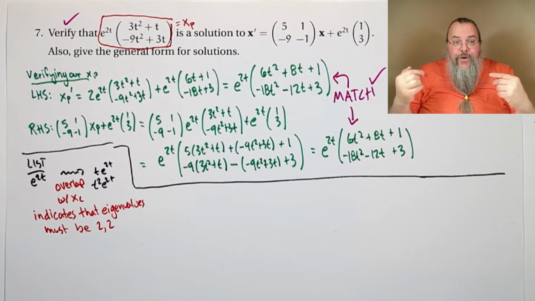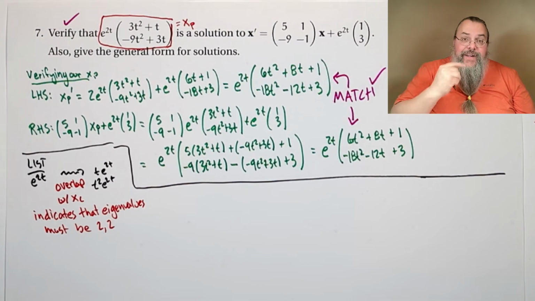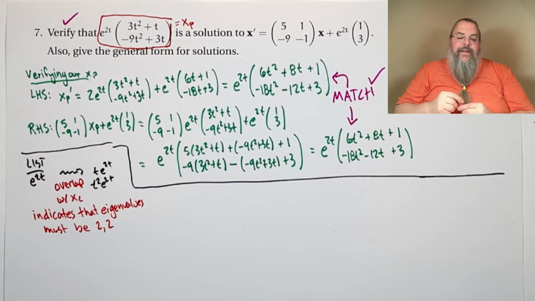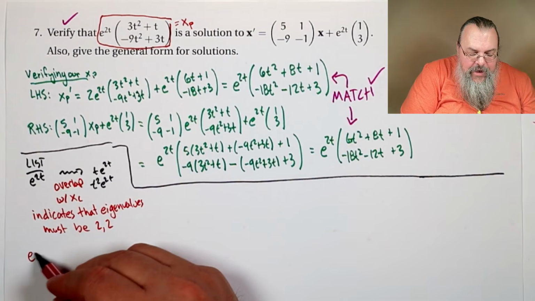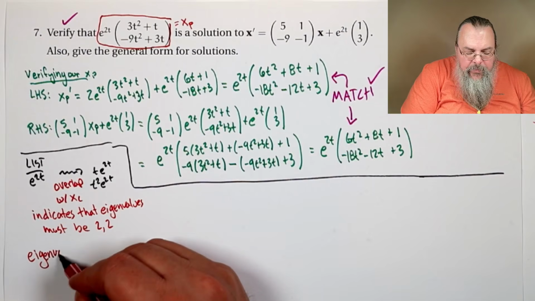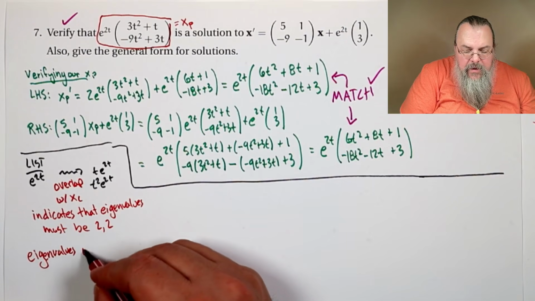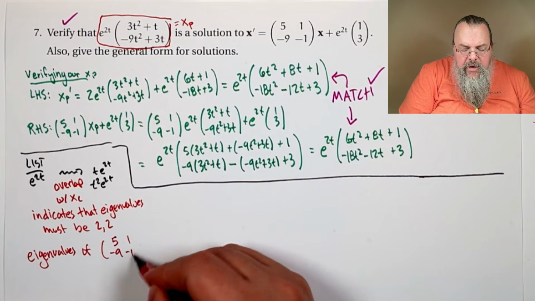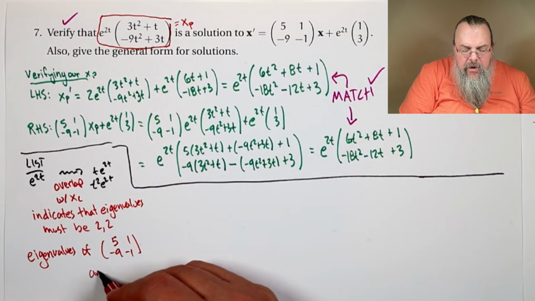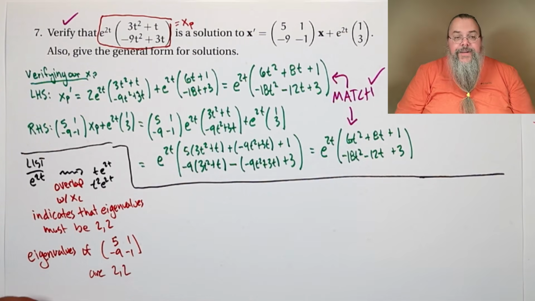So we are in repeated eigenvalues. And so we know that the eigenvalues of our matrix [5, 1; -9, -1] are 2, 2.